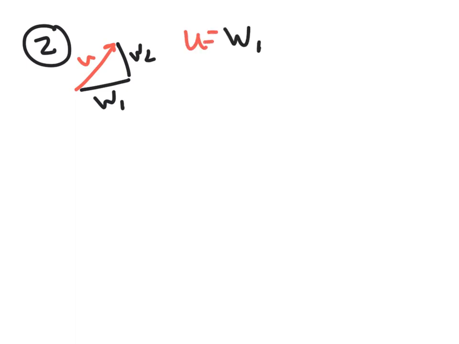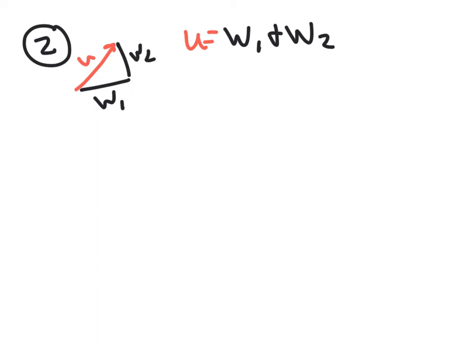Okay, second step from the last problem: if I want to write the sum of two orthogonal vectors, remember you had a W1 and a W2, and that gave you your U vector. So U equals W1 plus W2, that's just the resultant vector.